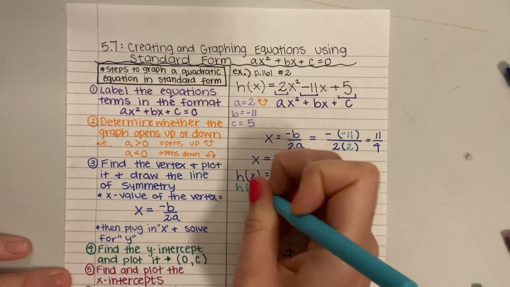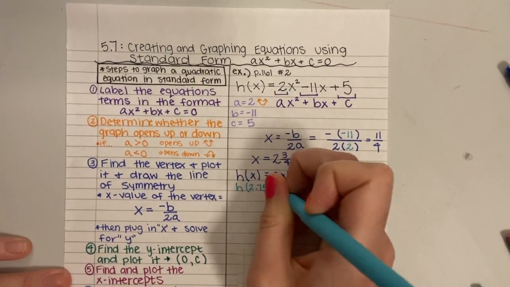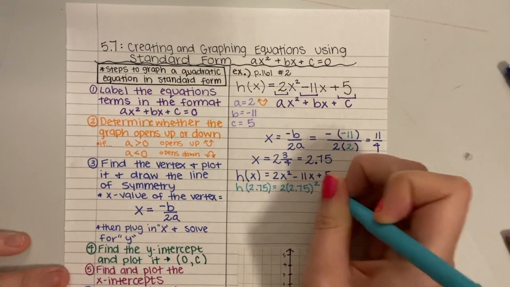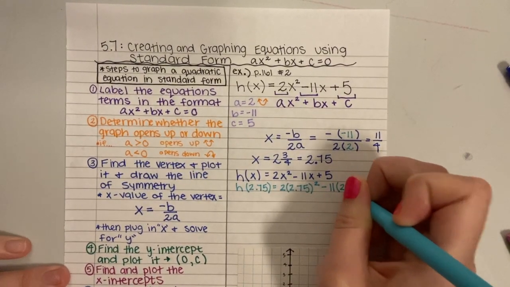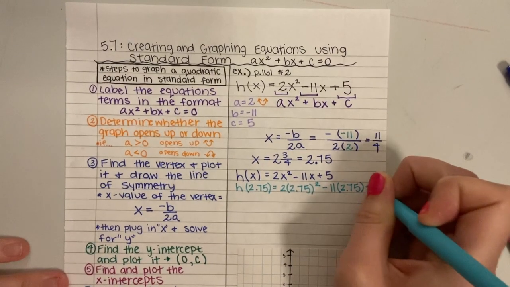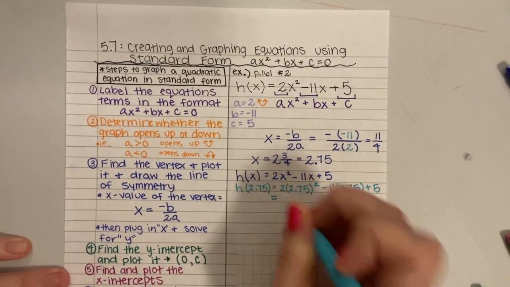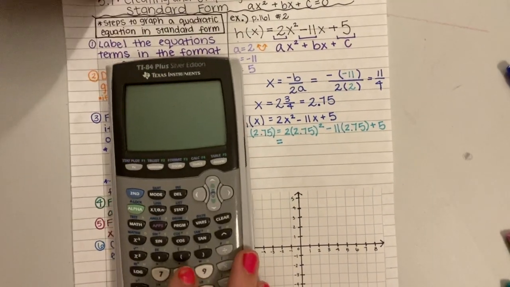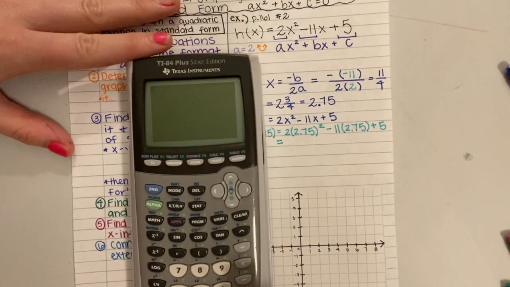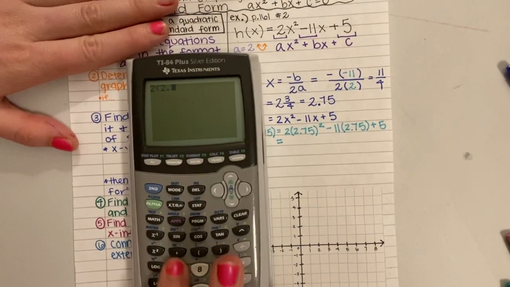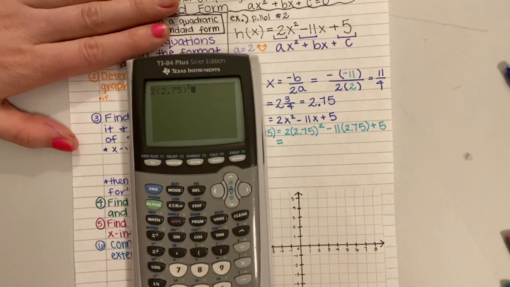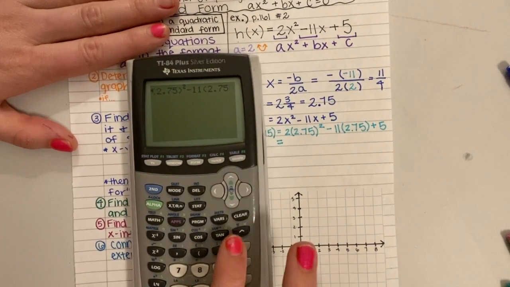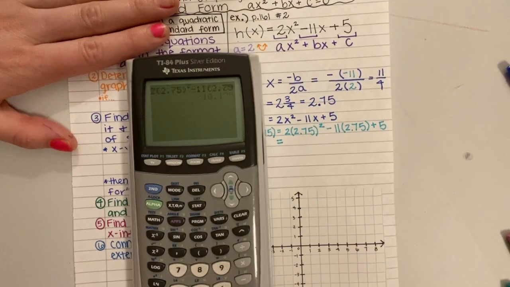We get h of 2.75 equals 2 times 2.75 squared minus 11 times 2.75 plus 5. When I type this all into my calculator, I will get my y value.